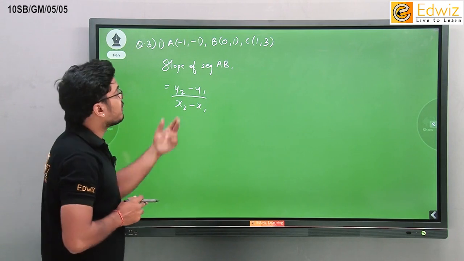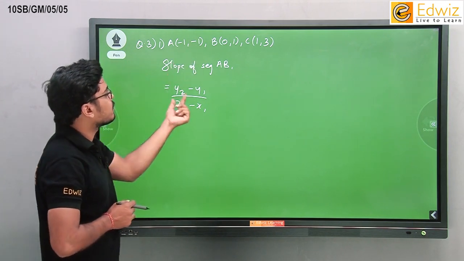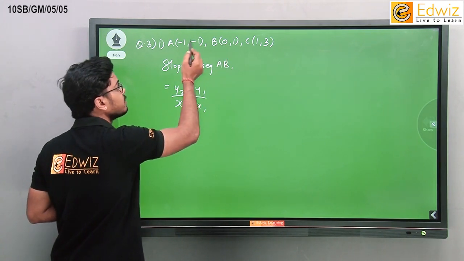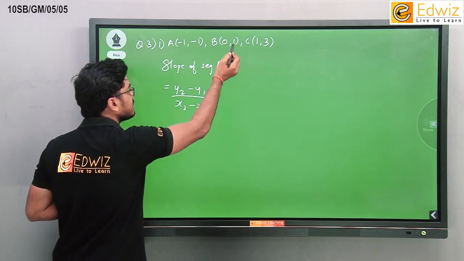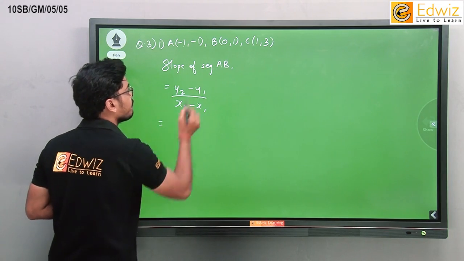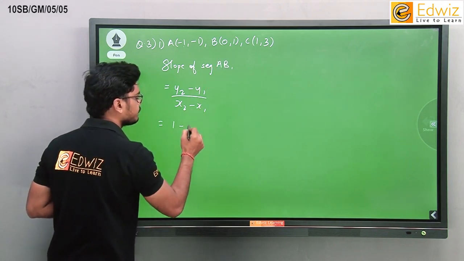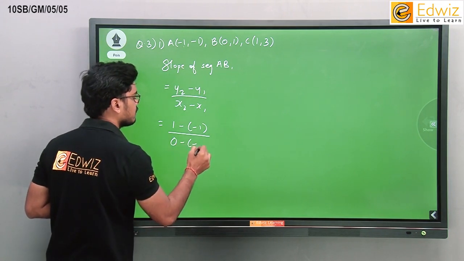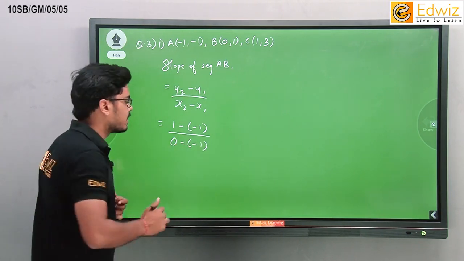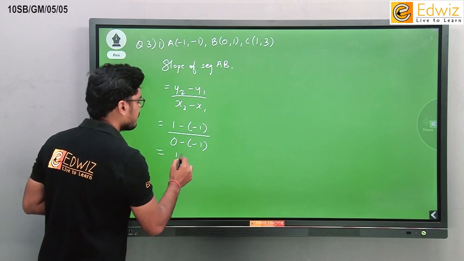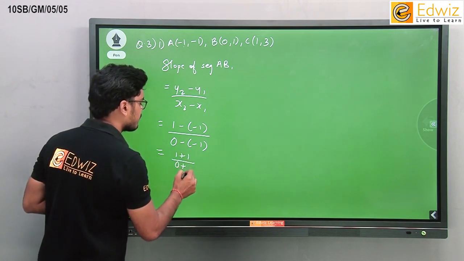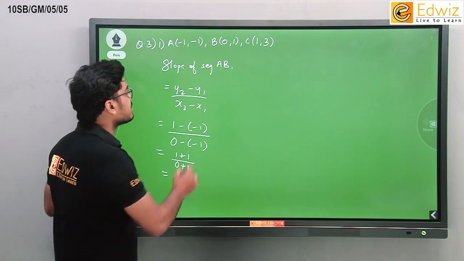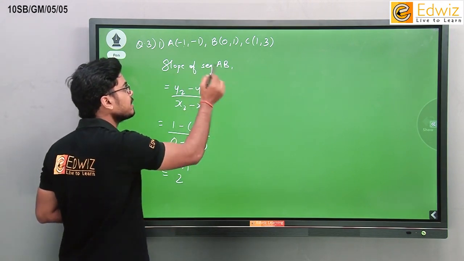The slope formula is y2 minus y1 upon x2 minus x1. So 0, this is x2, -1, this is x1, this is y2, this is y1. So 1 minus minus 1 divided by 0 minus minus 1. Remember there are two negatives. So what you are getting here is 1 plus 1 divided by 0 plus 1, that is 2 upon 1, which is nothing but 2. This was the slope of segment AB.